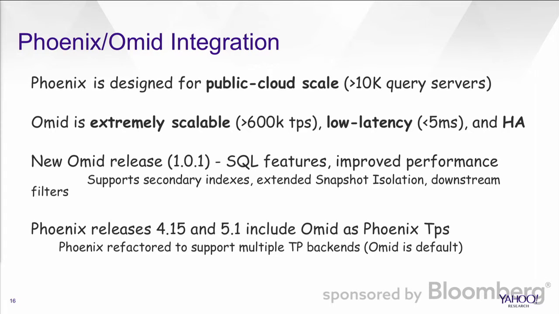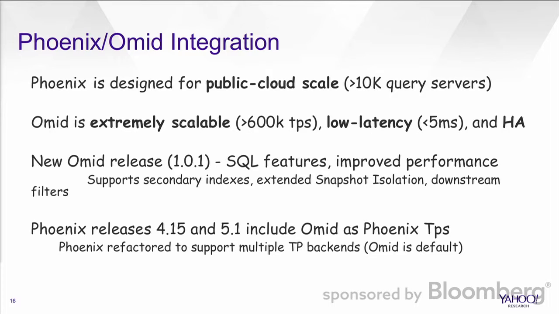So what we did is an integration of Omid and Phoenix. Basically, Phoenix is designed for public cloud scale, and Omid is extremely scalable. We're talking about more than 600K transactions per second. We also have a low latency version. It's highly available. Last year we released Omid 1.0.1.